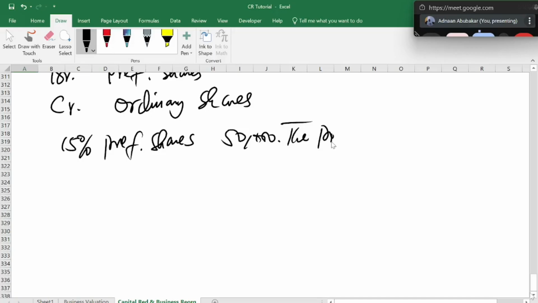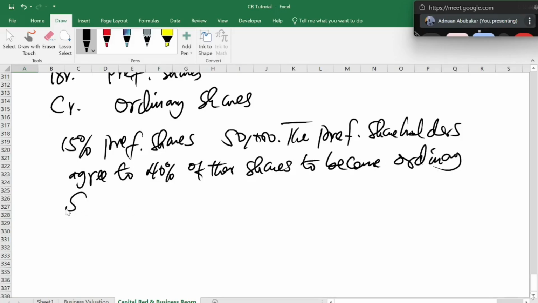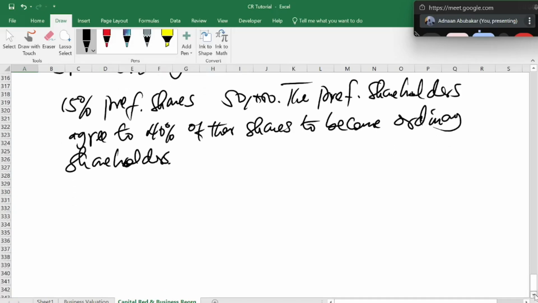The preference shareholders agree to convert 40% of their shares to become ordinary shareholders. So here, when that happens, what do you do?